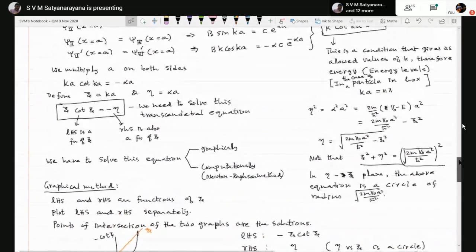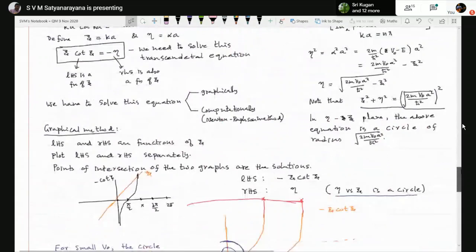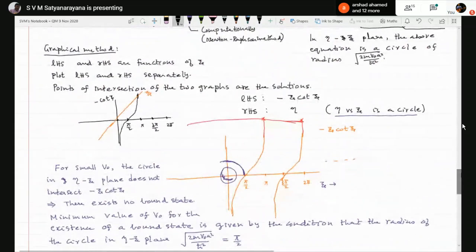Okay, so you can see that, just note this one here, what is your xi? Xi is equal to k times a, correct? That is equal to square root of twice m E by h bar square into a, correct?